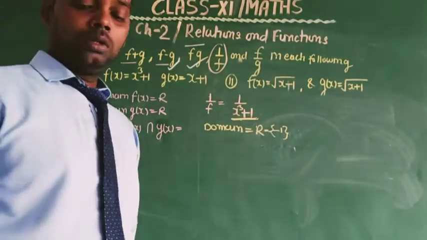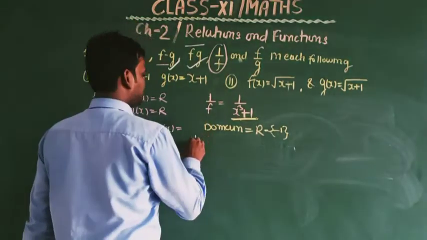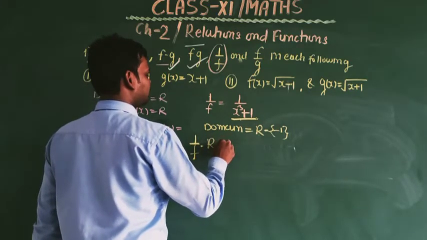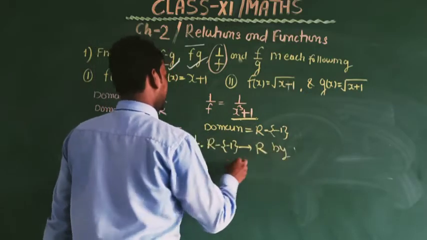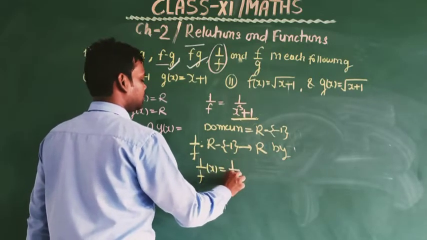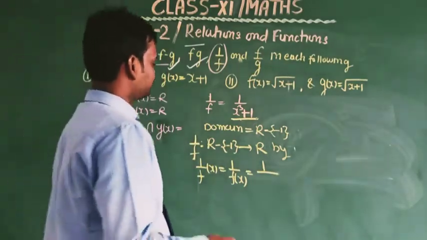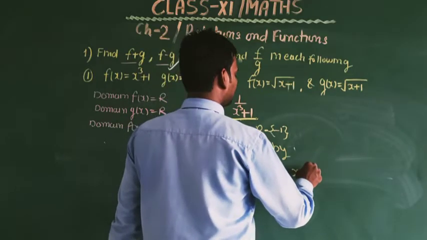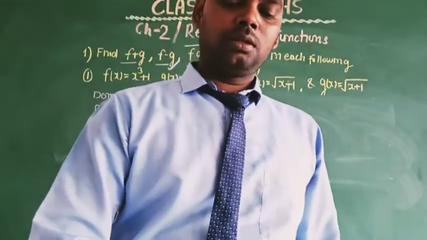So 1 upon f is a function from real numbers except -1 to real numbers defined by (1 upon f)(x) equals 1 upon x cube plus 1, where x is not equal to -1. Clear?